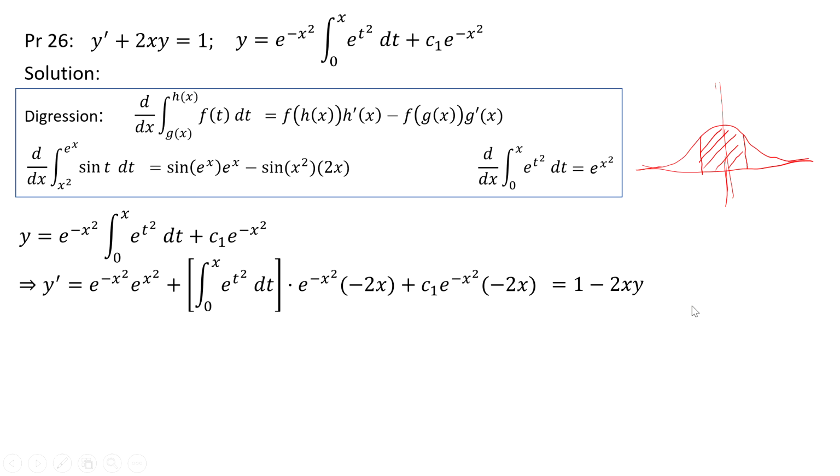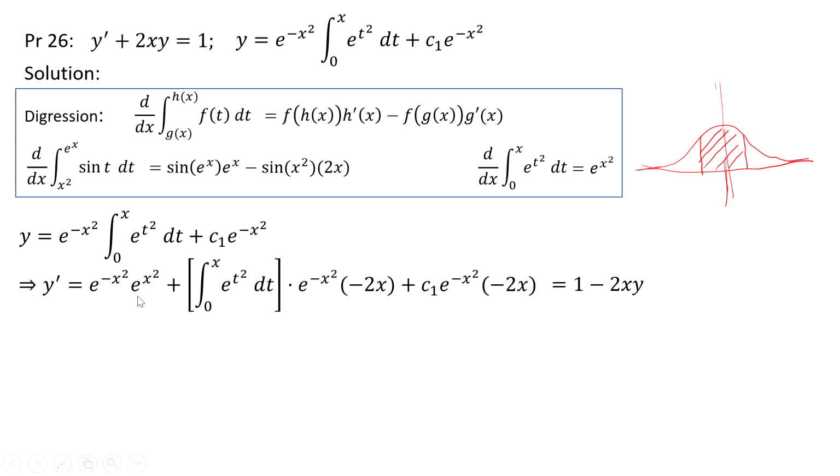And now if you notice this thing, e to the negative x squared times e to the x squared.